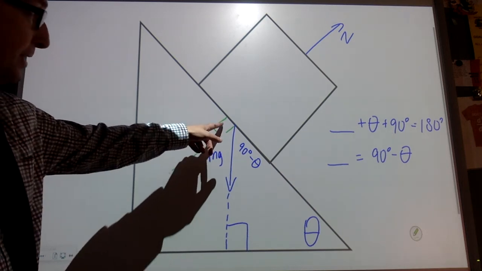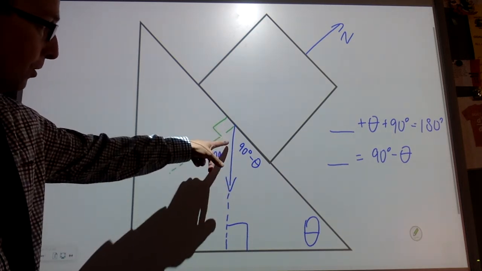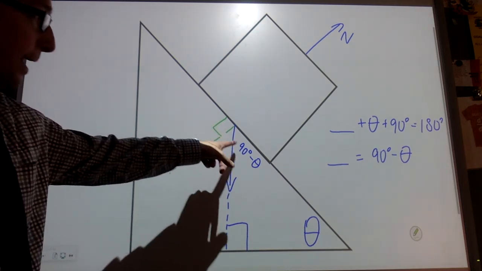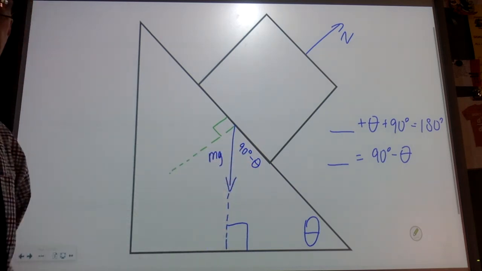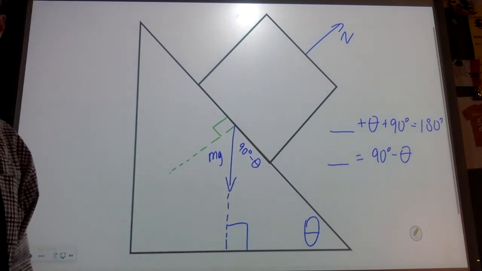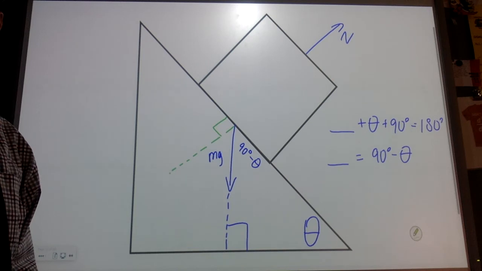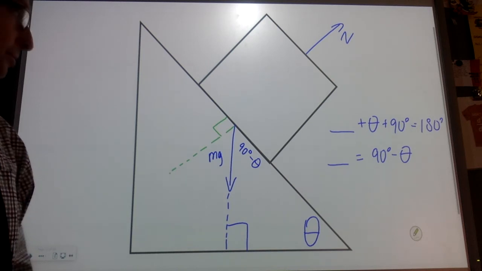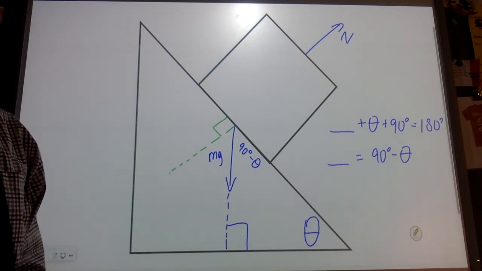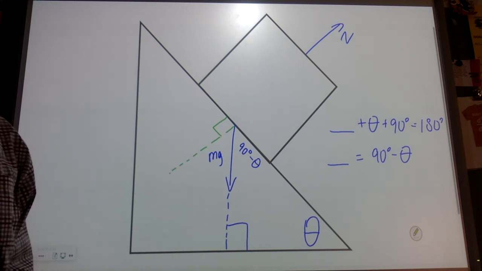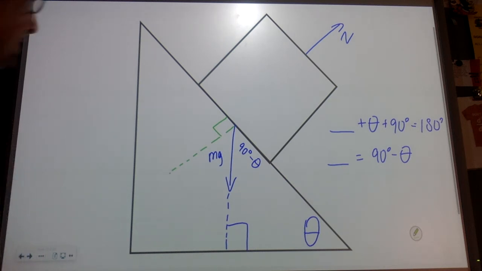Then this angle we don't know, but this is the upper angle of the weight, and this angle together should all add up to 180 because it's a straight line, right? A straight line is 180 degrees.